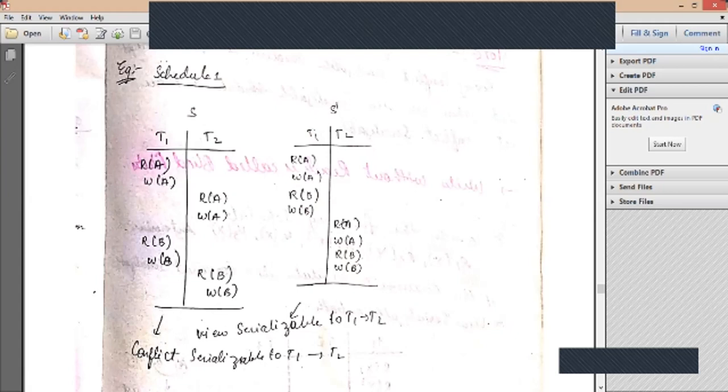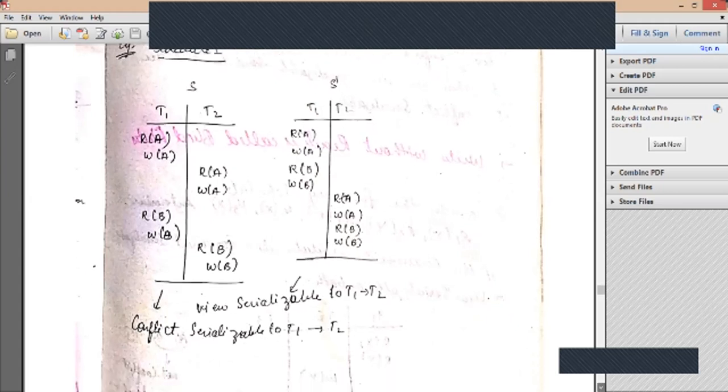So when we come to view serializability, we try to push all the transactions together. Either T2 follows T1 or T1 follows T2. After that we execute both the schedules, and if the outputs are the same, then we say it is view serializable.